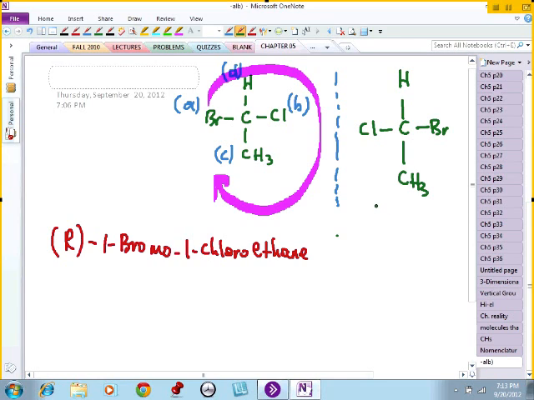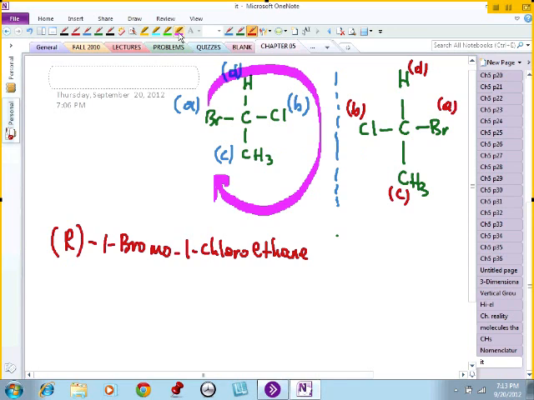That is the mirror image. If we now make our motion, let us make the assignment again. Bromine is priority A, chlorine is B, this carbon is C, and hydrogen is D.